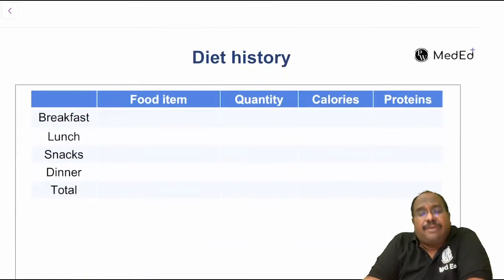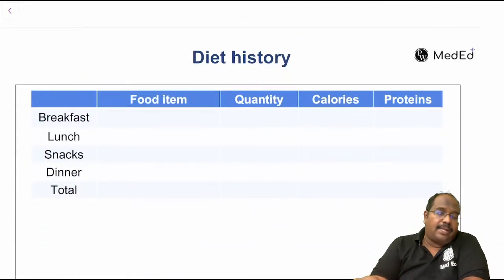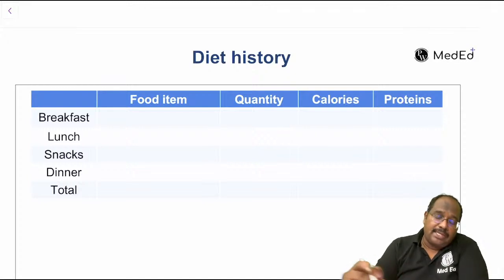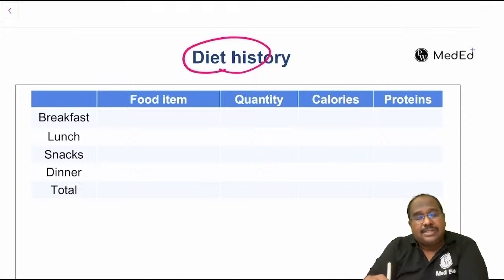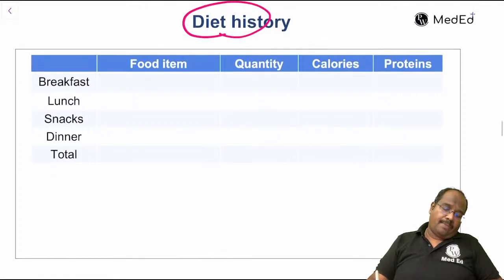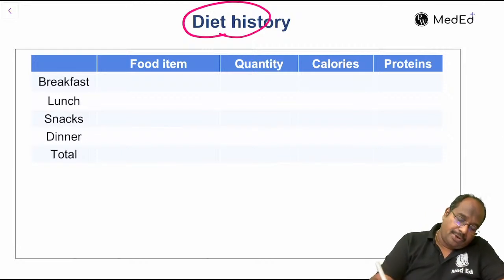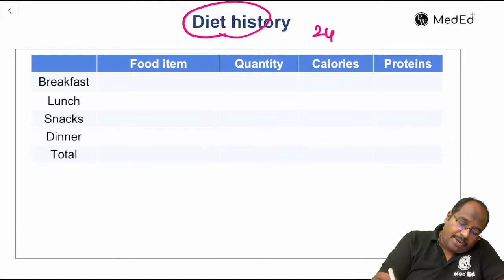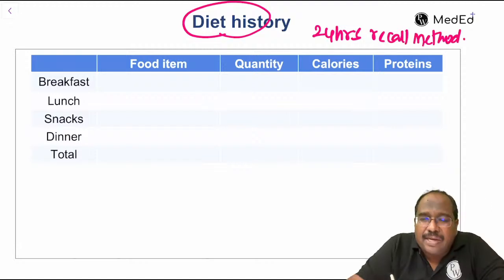Next, what else is different here? When compared to other subjects, in the clinico-social case we have to ask diet history. The common method we are going to use is the 24 hours recall method. This is an easier method which we can do. In the last 24 hours, what food have you taken?